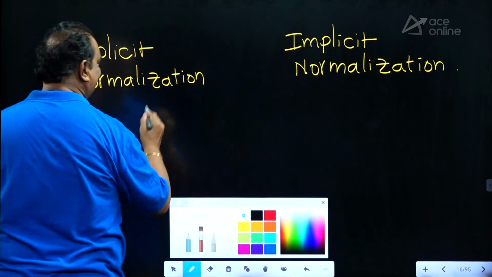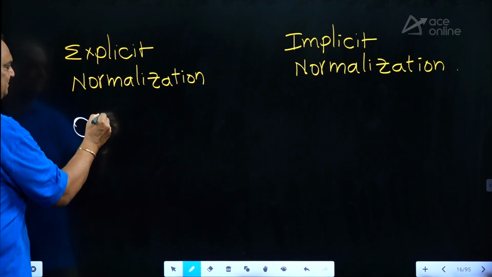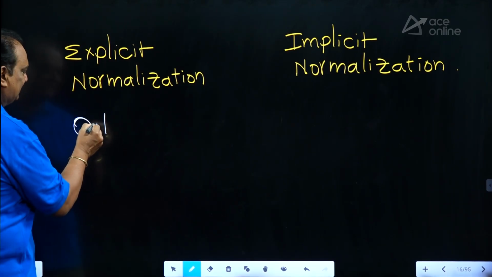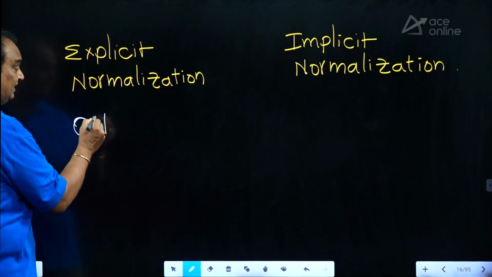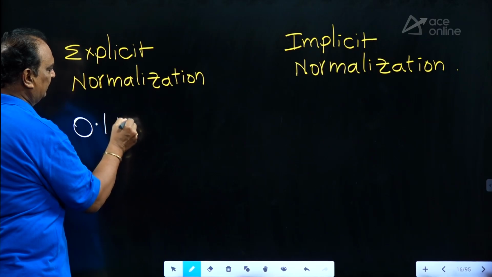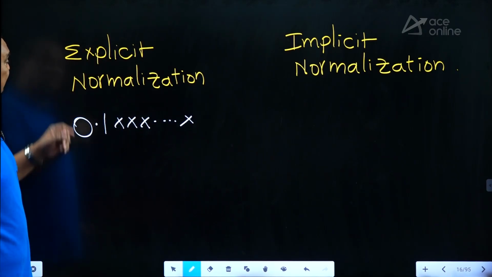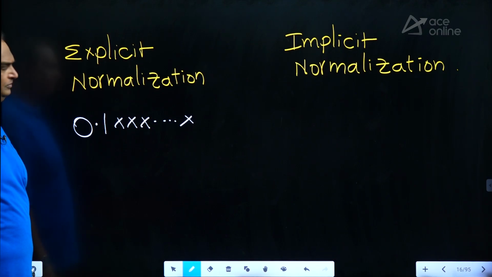If it is explicit normalization, the MSB of the mantissa is compulsory. What is the MSB of the mantissa? The next bit to the right of the decimal point. Compulsorily it is 1. What about the remaining bits? It doesn't matter. Now it is an explicit normalized mantissa.